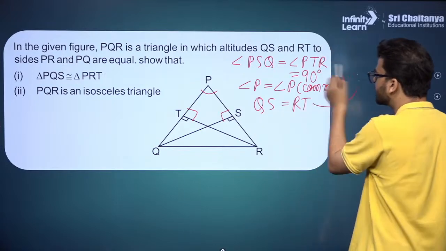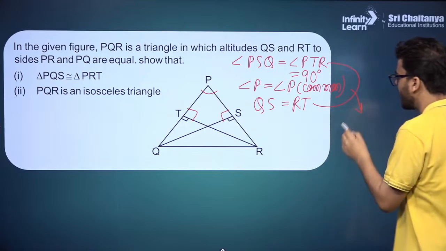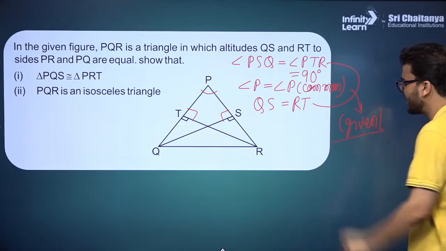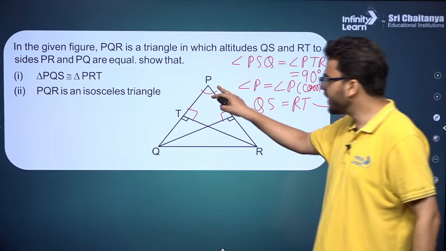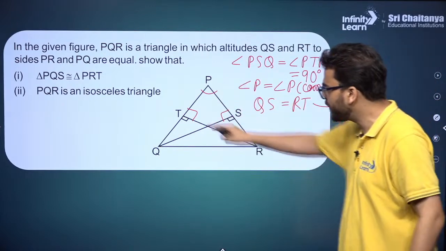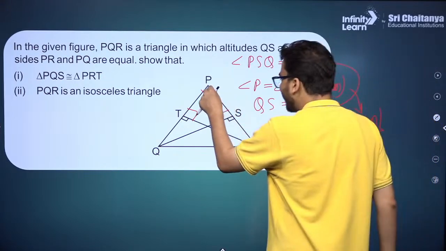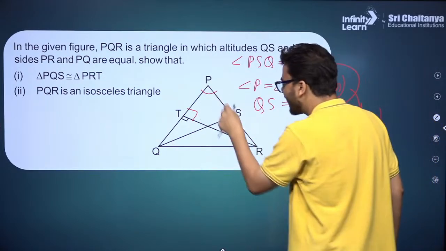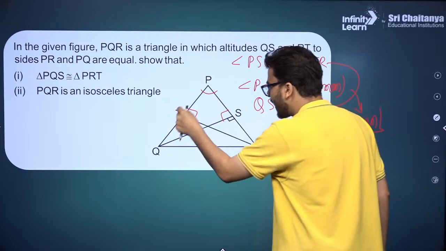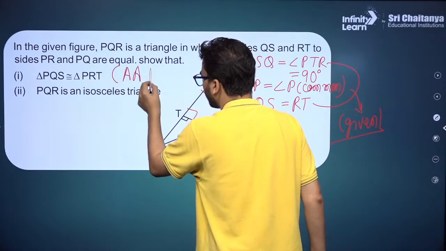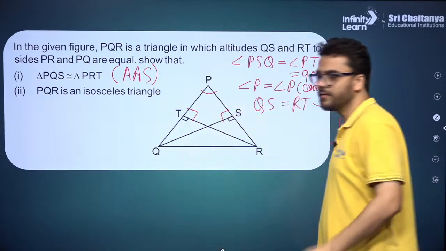So we have to prove that PQS is congruent to PRT. That is not ASA basically, that would be AAS, angle angle side. By the AAS congruency criterion, they are congruent. Is it clear to every student in this session?